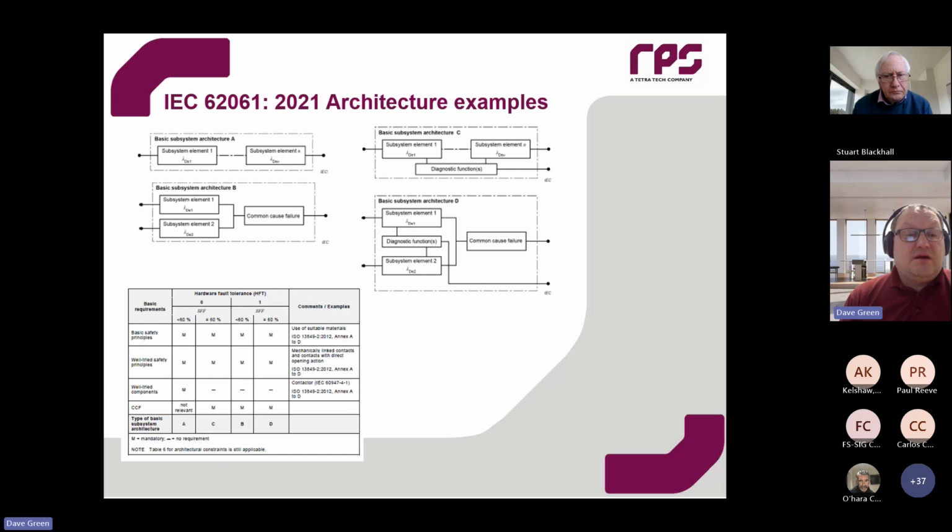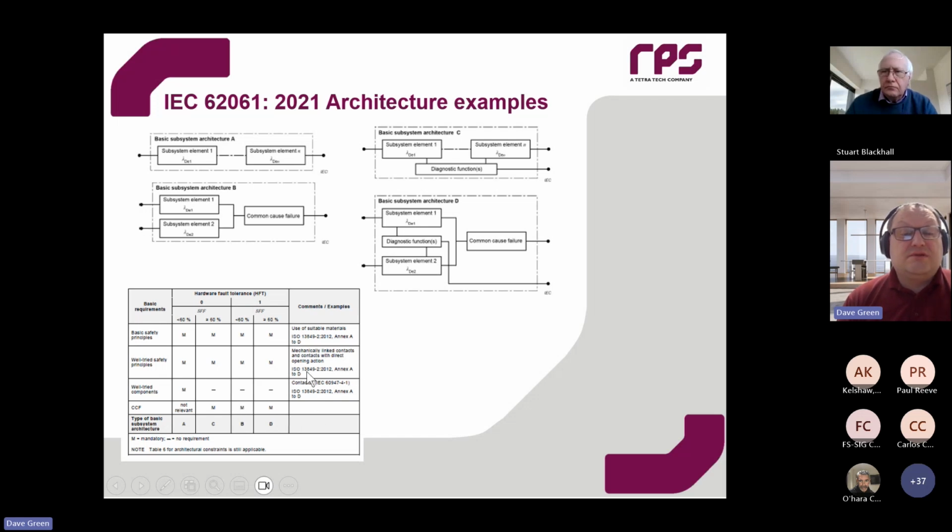It then gives us what the mandated requirements are for our different levels. So if we've got hardware fault tolerance of 1, like of D and B, then it gives us the concepts of basic safety principles, well-tried safety principles, and then consideration of common cause factors.